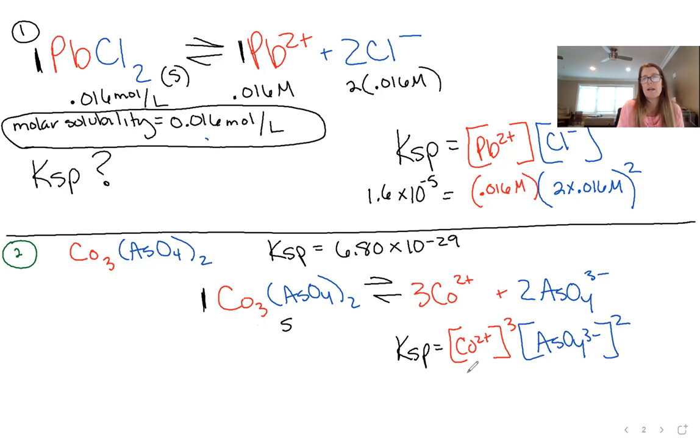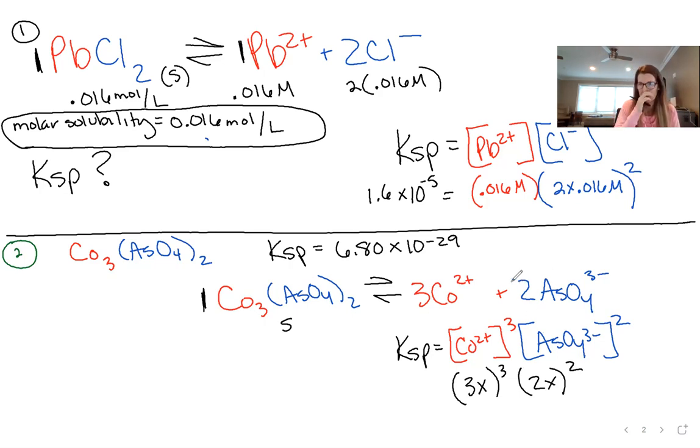So what I tend to say is in here, I'm going to say there are 3 X's and I've got to cube that. And then for this one, it's going to be 2 times however many of these dissolve. So I'm going to say 2x, and then I have to raise it to the 2nd power because the coefficient is 2.